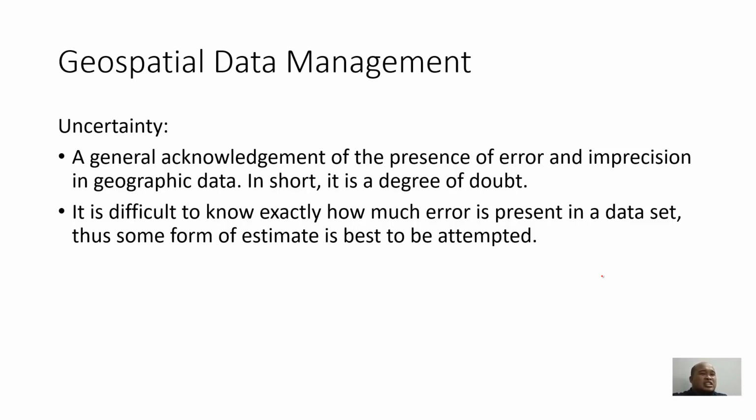In short, it is a degree of doubt, right? It is a degree of doubt or doubtness. It is difficult to know exactly how much error is present in a data set. Thus, some form of estimate is best to be attempted.